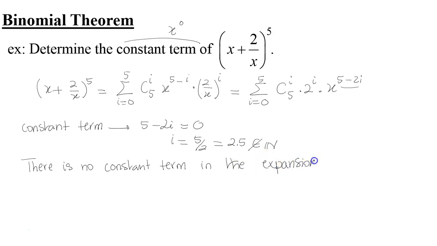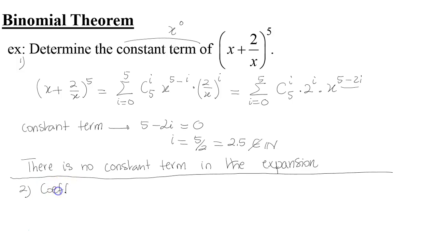Okay. However, if you did find a value of I, for example, here, that's part 2, and this is part 1. So if we want the coefficient of x cubed, since we have already written the expansion, we just take 5 minus 2I equals 3.